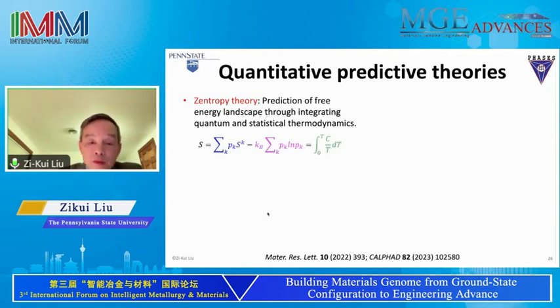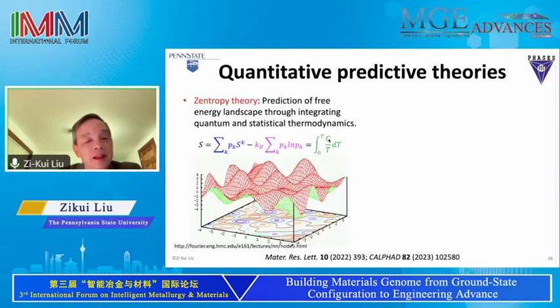This way we can predict the entropy, and the entropy will match experimental measurements from heat capacity. Then we can predict the free energy landscape, so we can calculate how difficult it is to go from this basin to that basin, and look at the reaction path through the energy landscape.